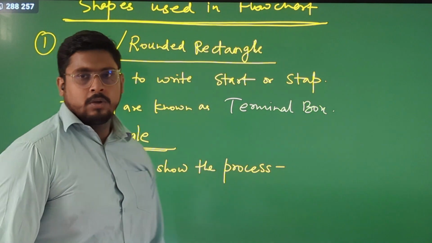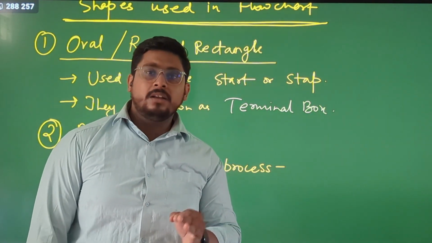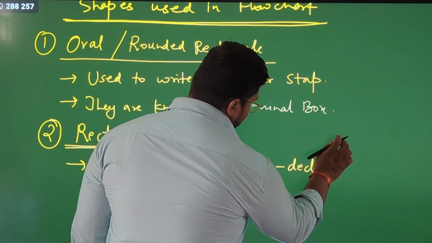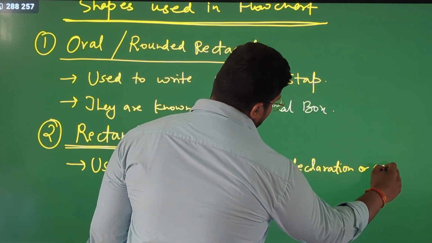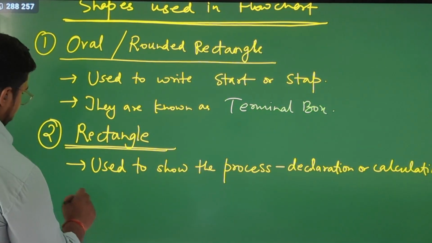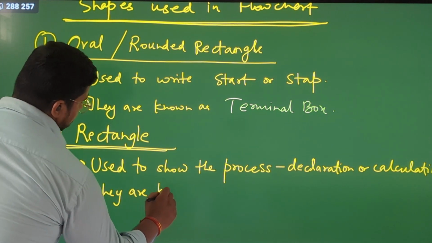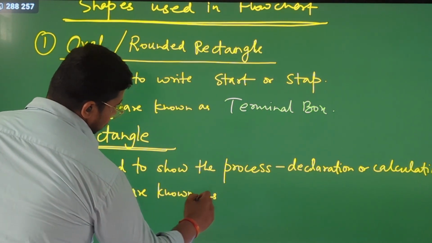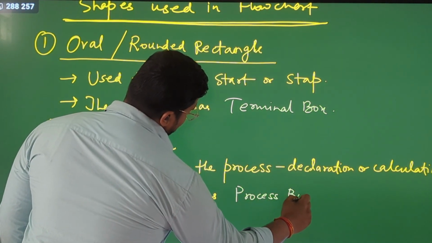If you want it to be more descriptive, just write down the declaration portion and the calculation portion. Process, that is declaration or calculation. They are known as process box.